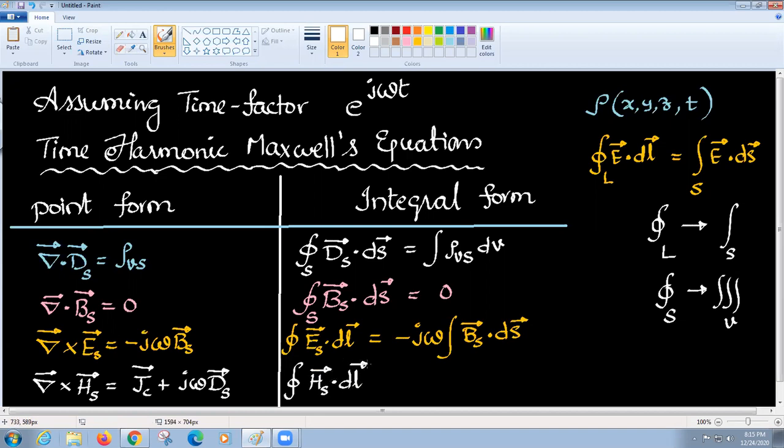So whenever I have this curl of H, I can take it as Hs dot dl in integral form. Whenever you see curl of something in integral form, you take just the closed line integration along this dl. For example, I take a surface. This is my surface, say it is my open surface like this. Now you are moving along this.